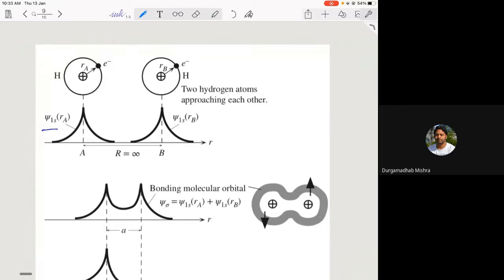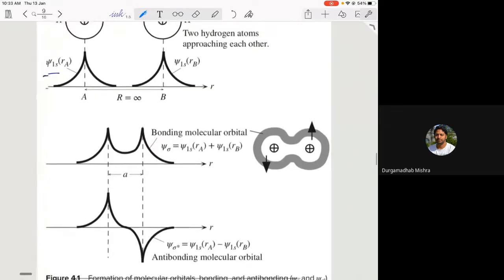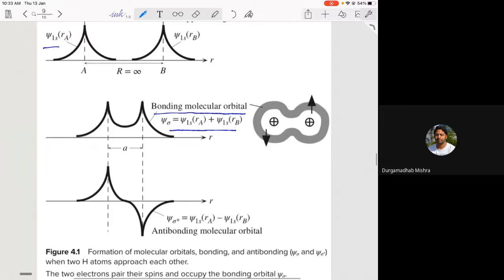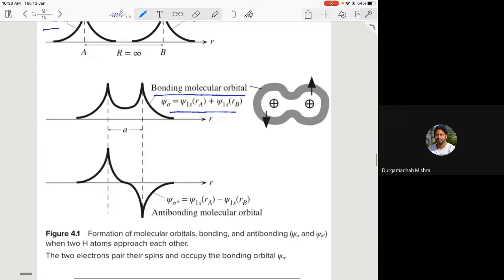This 1s orbital will overlap, and that will lead to the formation of molecular orbitals. One molecular orbital is known as the bonding molecular orbital, and the wave function is just a sum of the atomic 1s wave functions, and the other is the antibonding molecular orbital.